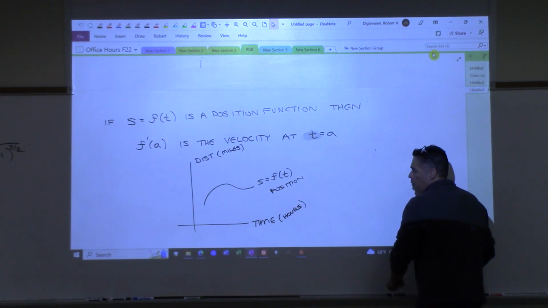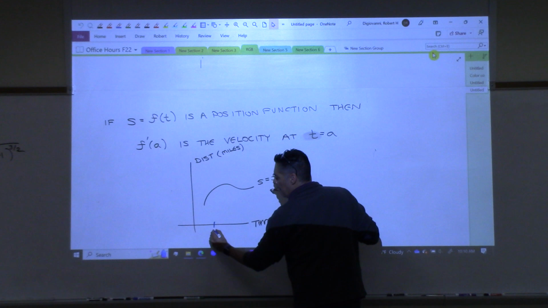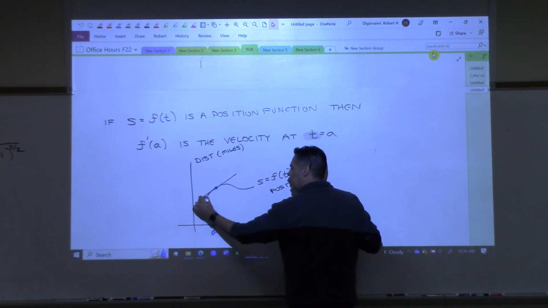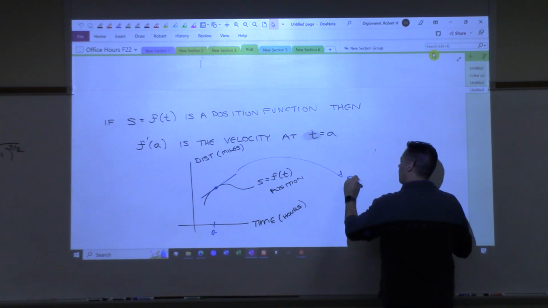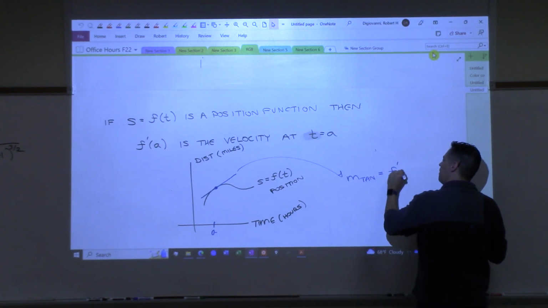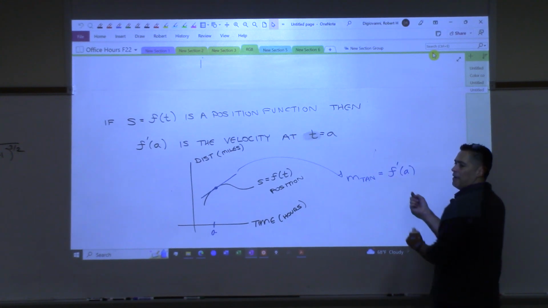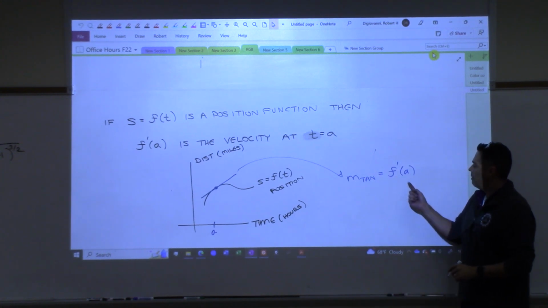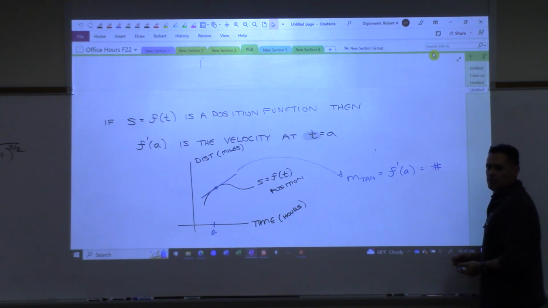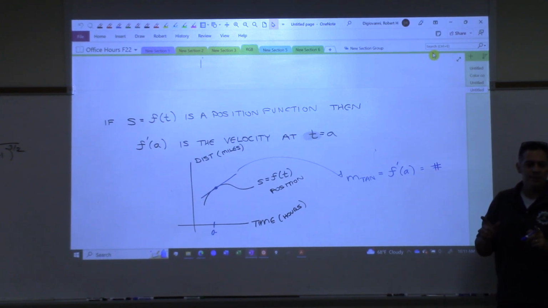Then if I go to some point in time, let's call that point A, and I find the slope of that tangent line, which is really the derivative of that function at A, right? That's the definition now. That's going to be some number. That number is the speed of that object at that point in time.